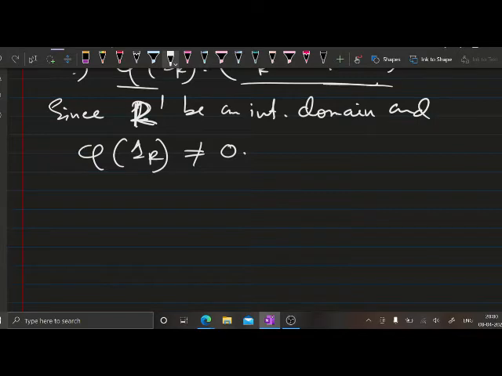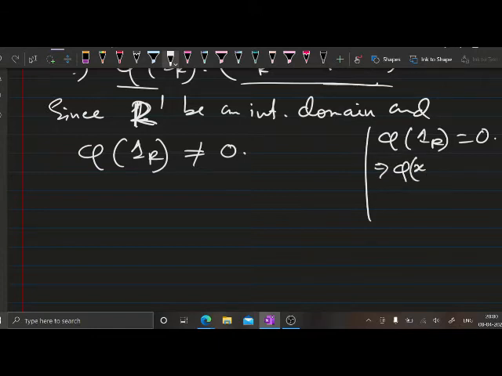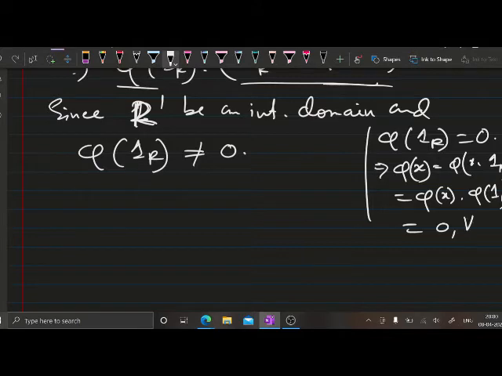Because if phi of 1R is 0, then what will happen? Then phi of x is phi of x dot 1R, so it is phi x dot phi of 1R, so that is 0, and this is true for all x belongs to R. So that means phi is the 0 function.